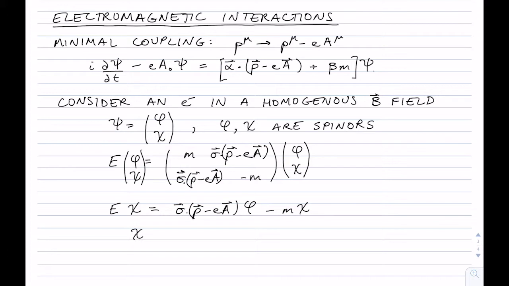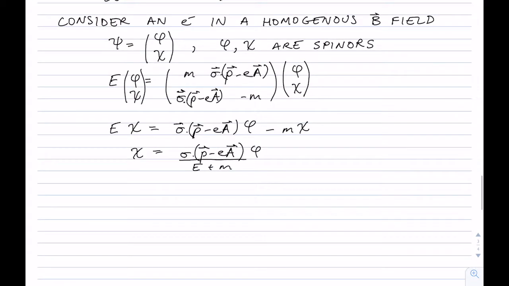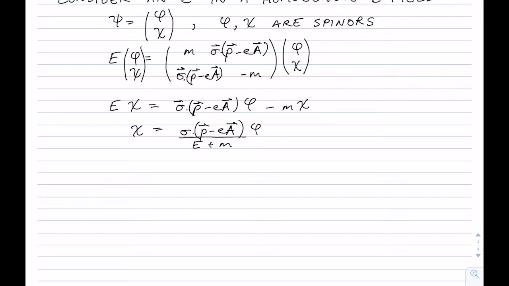Or I could write chi is equal to sigma dot P minus EA, so this is for a constant energy, times phi all over E plus M. Okay. By the way, this is another way of generating the non-relativistic spectrum. You just write the solution for the free particle as well. This is quite general so far. I haven't made any assumptions.